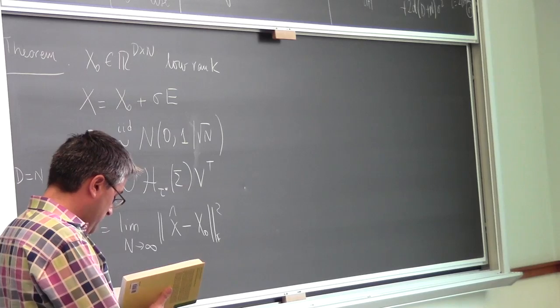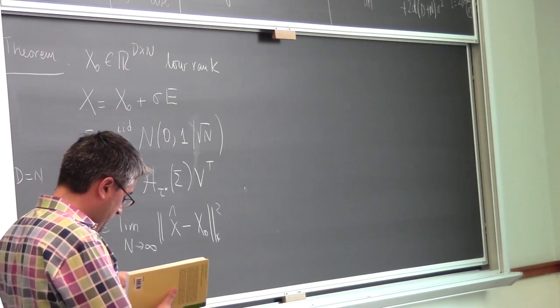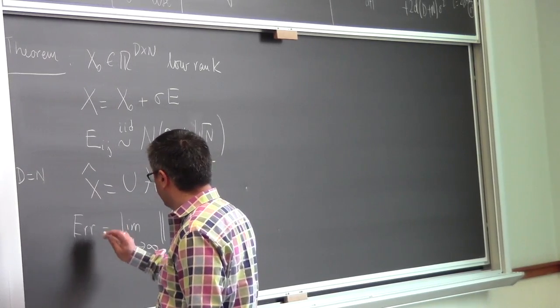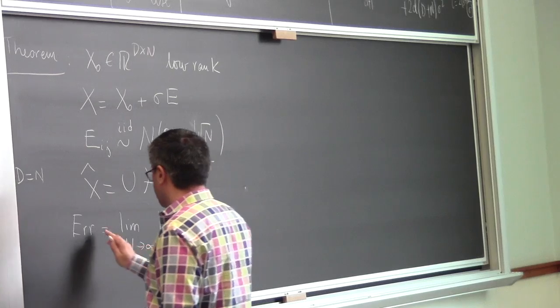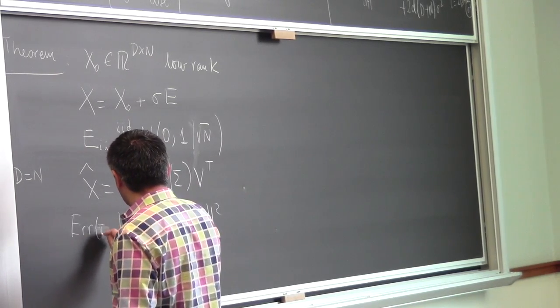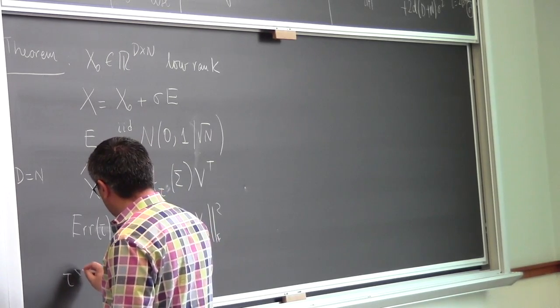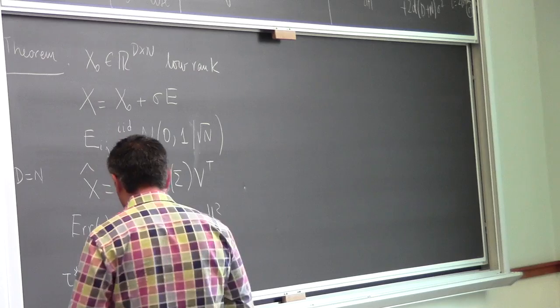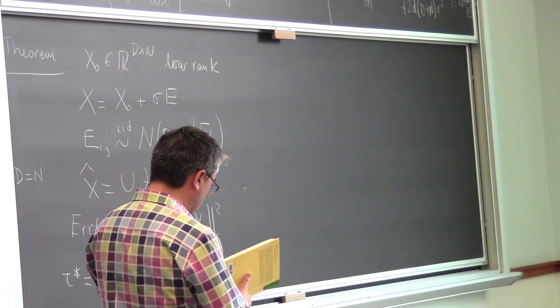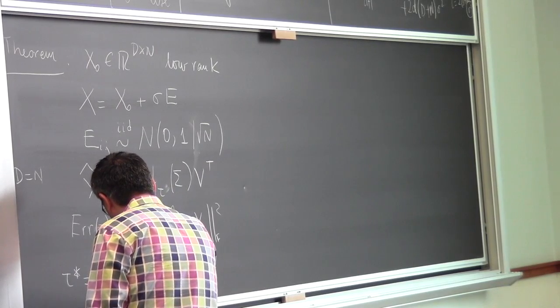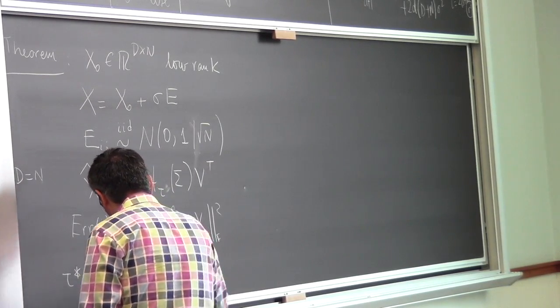So here is the beauty of the theorem. It says that the optimal tau, and that error obviously depends on tau, the smallest possible error, is achieved with tau equal to 4 divided by the square root of 3 times sigma.